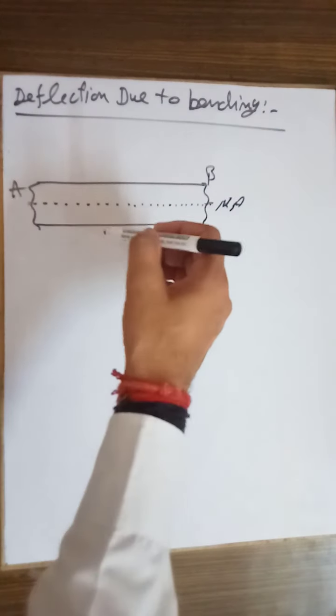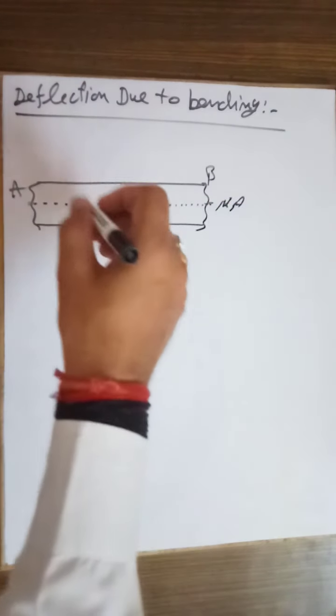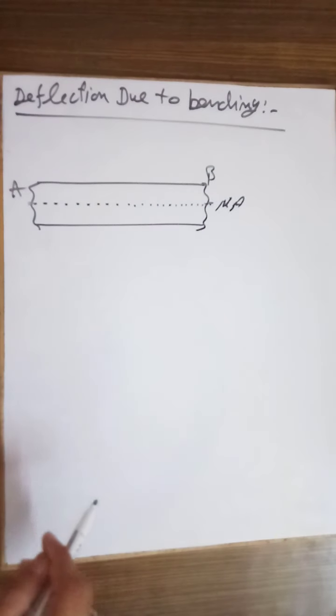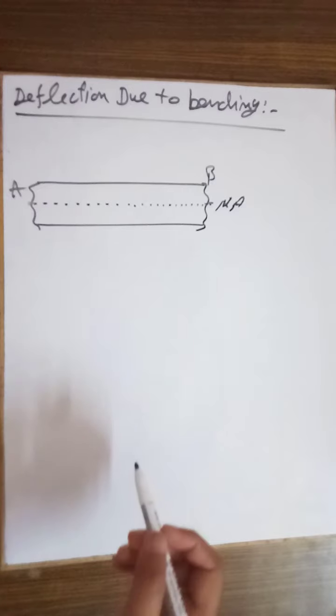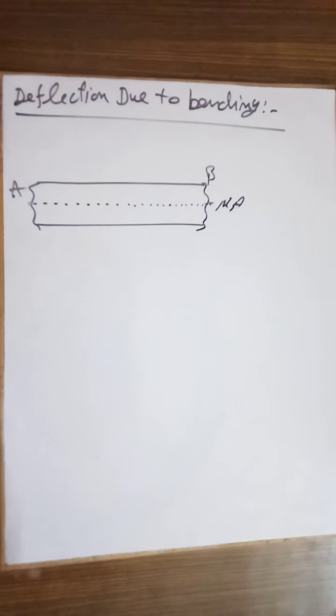If load is applied, it will form an arc like this. If the angle is phi, and the curvature formed has a radius, the radius of the curvature can be represented by r or rho or any such terminology.